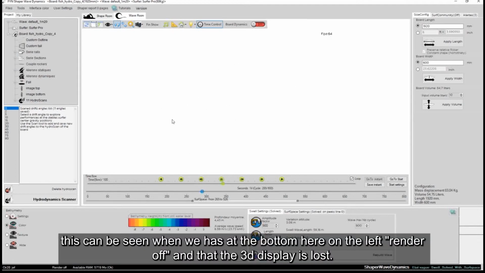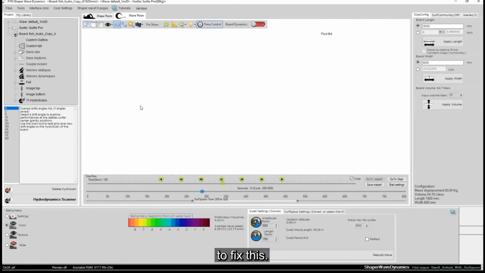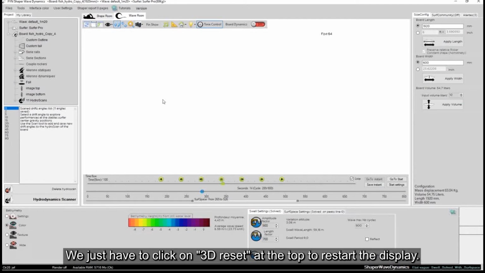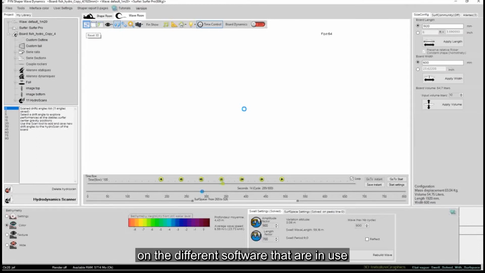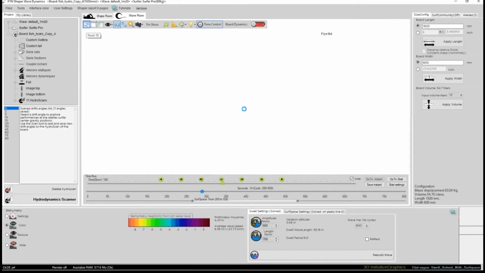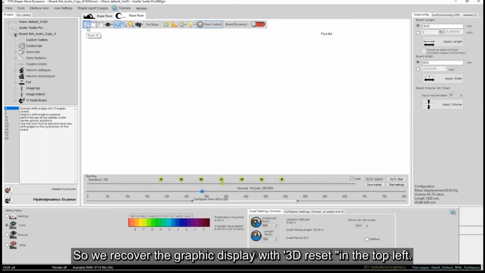This can be seen when we have "render off" at the bottom left and the 3D display is lost. To fix this, we just have to click on 3D reset at the top to restart the display. It can happen depending on the different software that are in use. So we recover the graphic display with 3D reset in the top left.